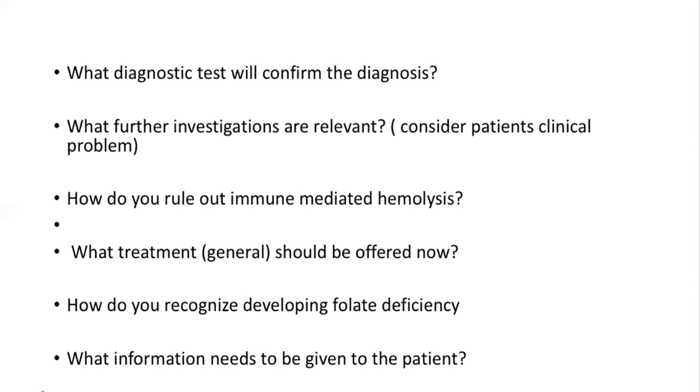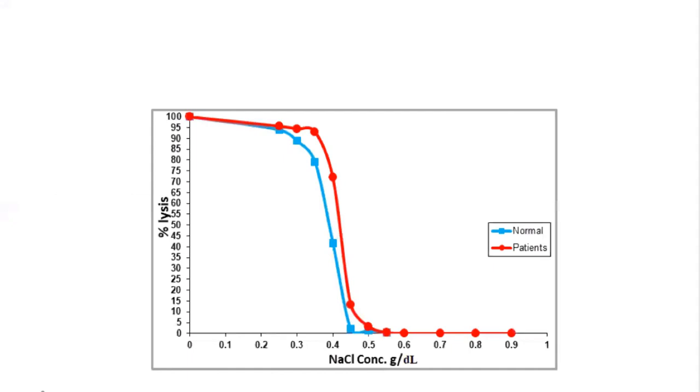And she probably got it from her father, isn't it? And she needs to be monitored and followed up. And we might have to take a further step if the anemia is getting worse, isn't it? What is the further step that you are going to take if it is getting worse?